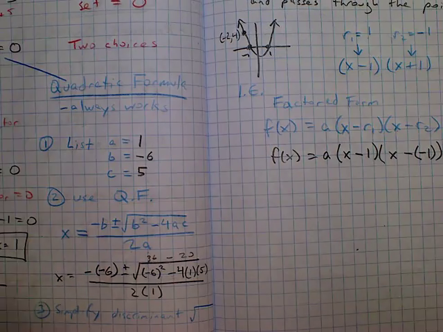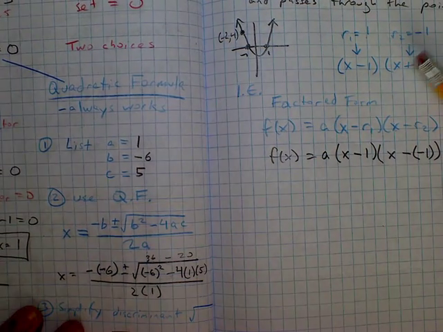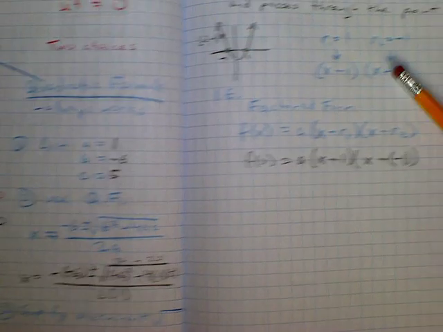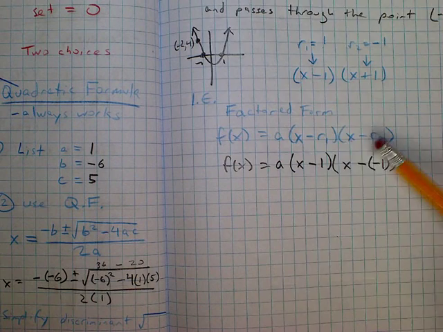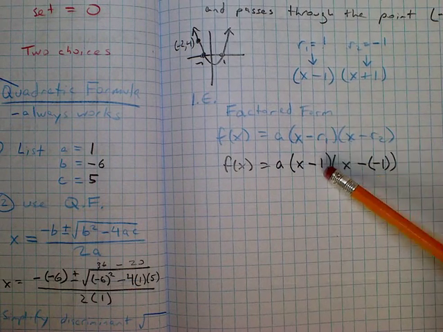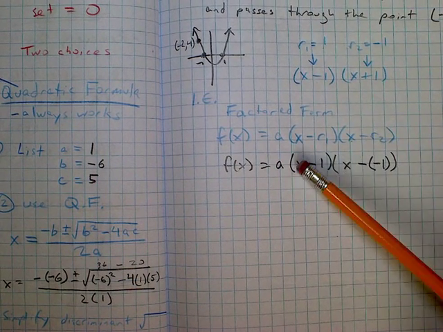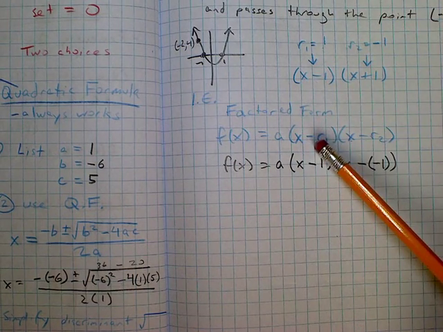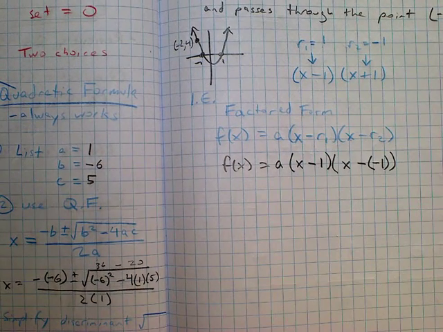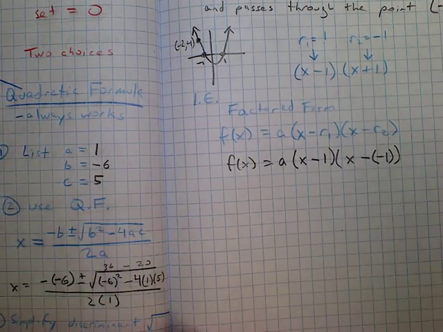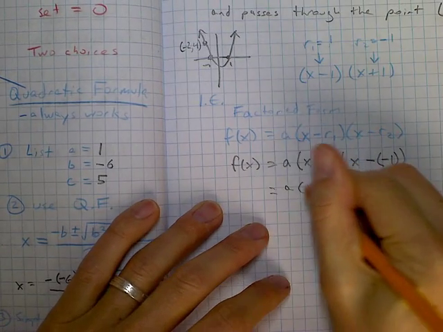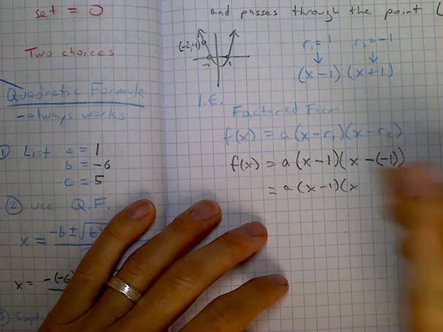I can think about it intuitively like this, or I can just use the formula. Plug in the two roots. There's a root. There's a root. But hopefully it makes sense why we're subtracting the roots. It's because you would change the sign if you tried to set it equal to 0. So we get a times x minus 1 times x plus 1.